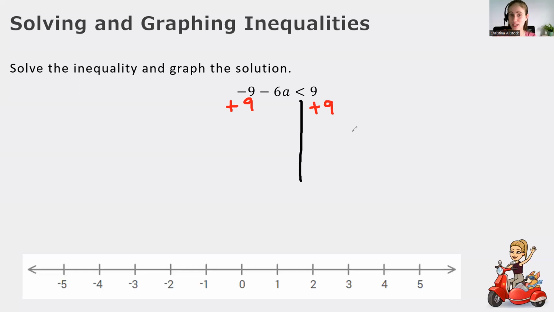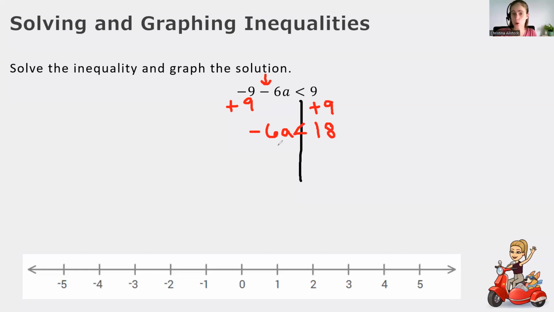The reason that inverse works is because it cancels it out. -9 plus 9, when they're combined, equal 0. So that zeroes it out on the left and moves it on over to the right. We're just left with, don't forget this sign here, -6a is less than 9 plus 9, which would be 18.